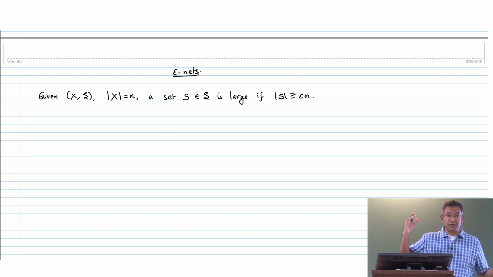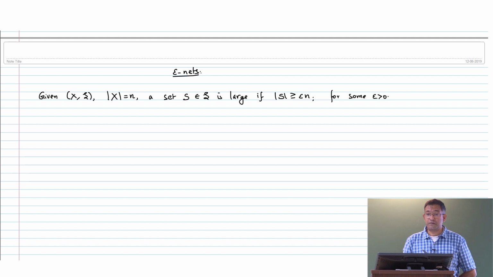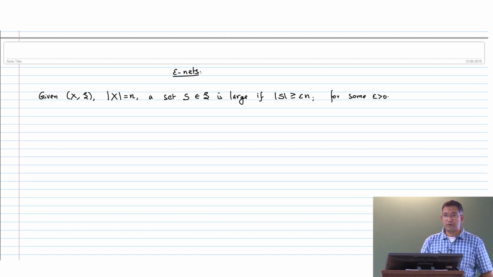Okay, a set is said to be large if it contains at least epsilon n points for some epsilon positive. So let's say epsilon is half. You only want to look at sets. A set is large if it contains at least half the points of your set system.